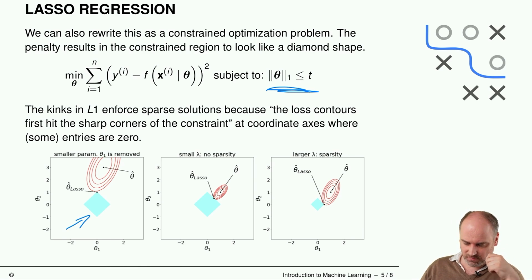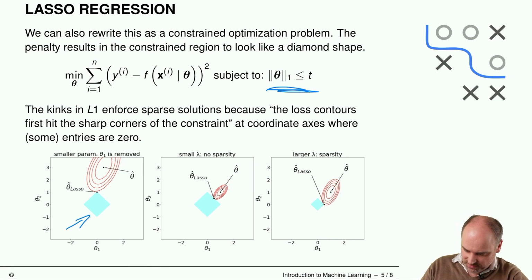Again, we have this t value, the threshold, which controls the volume, the size of our feasible region. But more interestingly, because we now have these kinks, these corners in the feasible region, this actually enforces sparse solutions. Because the loss contours have a higher likelihood to first hit these corners of the constraint region at the coordinate axes, where some of the entries of our parameter vector are 0.